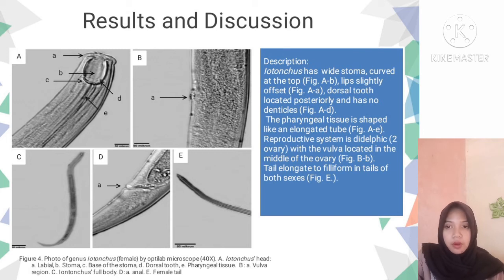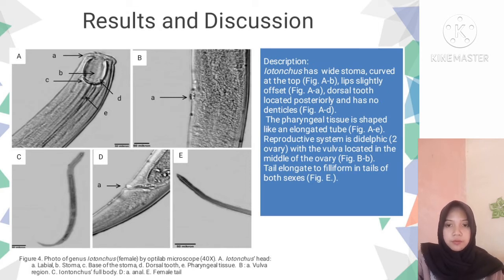The oral cavity or stoma is thickened with a length of 35.48 to 40.93 micron and a width of 25.71 to 27 micron.